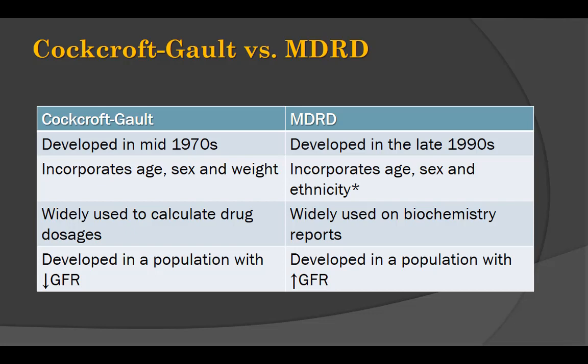So, this is just the population where these formulae were developed. Looking at the sample population, they generally had a low GFR, and when this one was developed, the population generally had a higher GFR. So, these are just confounding factors you have to keep in mind, because these formulae are giving you an estimate. They cannot be a 100% representation of the patient's condition.